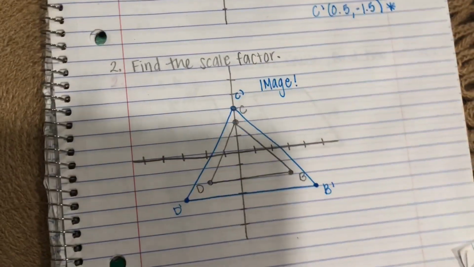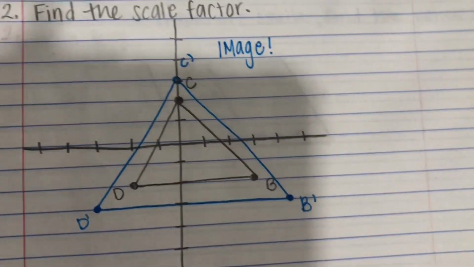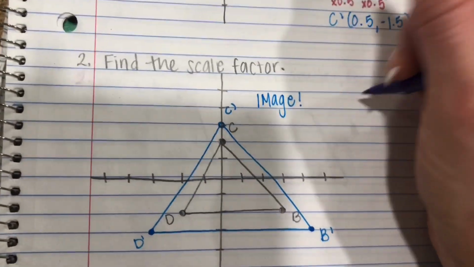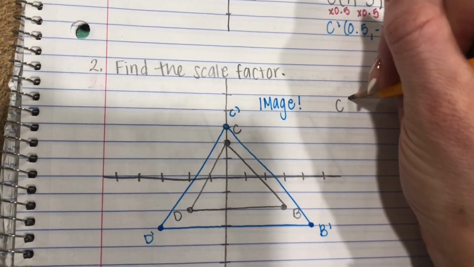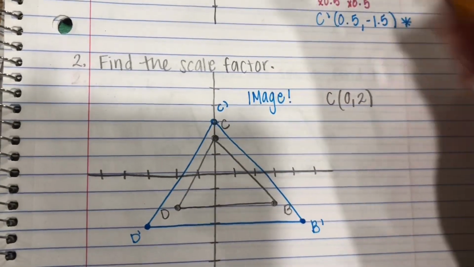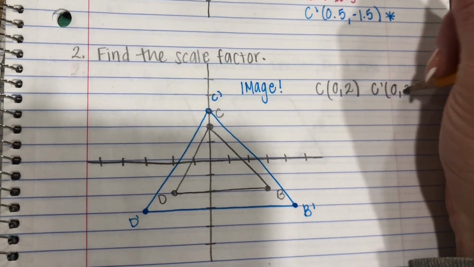So remember, you can literally pick whatever point your little heart desires. I'm going to go with C. So C is at 0, 2. And then C prime is at 0, 3.